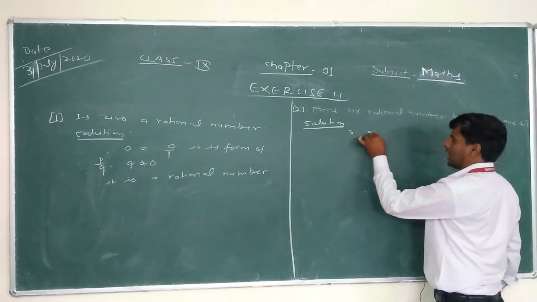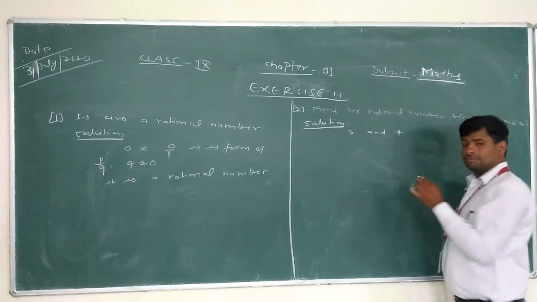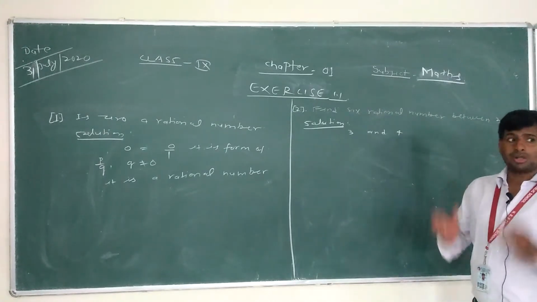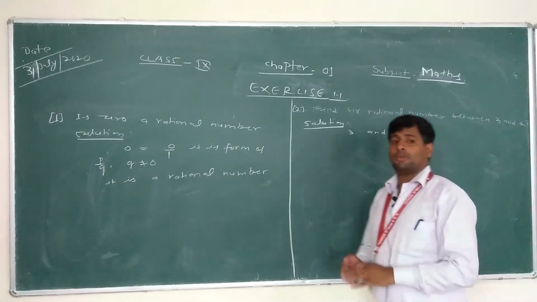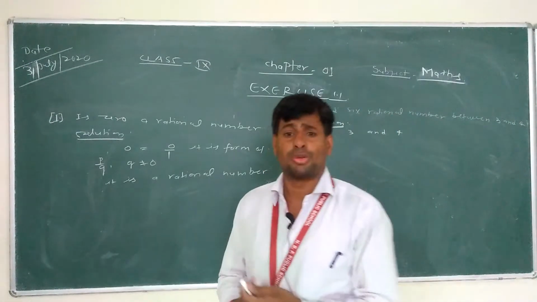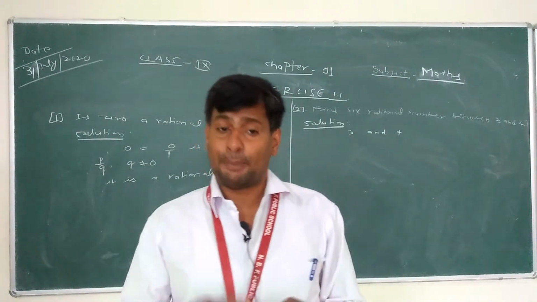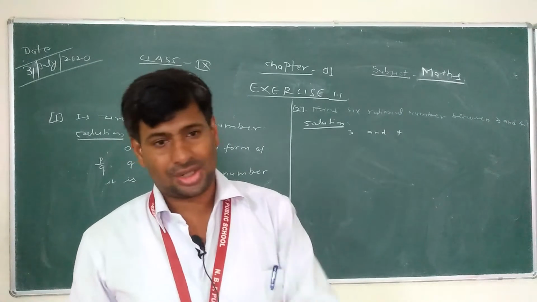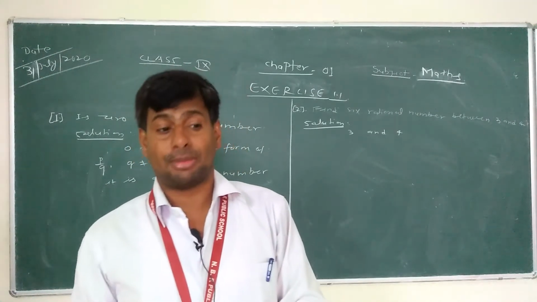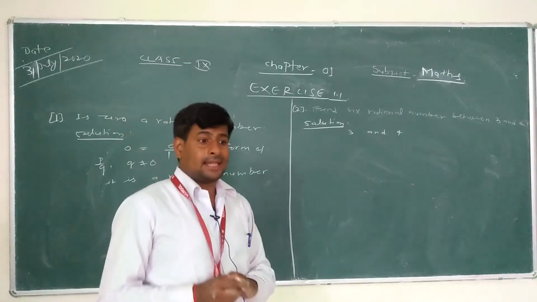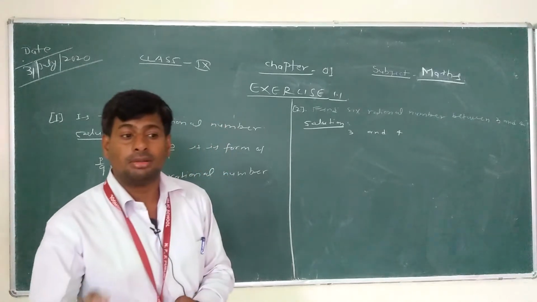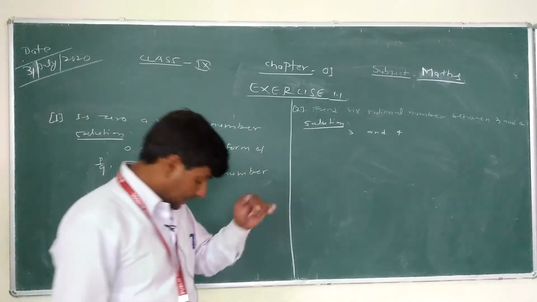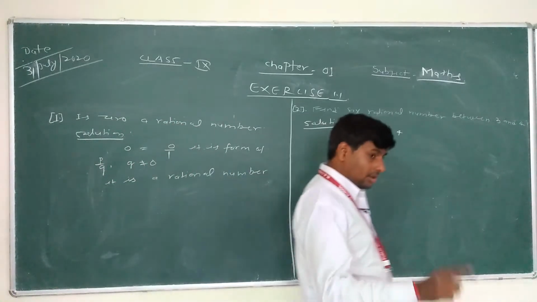That is 3 and the second number is given. You know that rational numbers are those numbers which can be represented in the form p by q where q does not equal 0, and p and q are integers. Also, it has two conditions: first, it is terminating, and second, it is non-terminating but repeating.